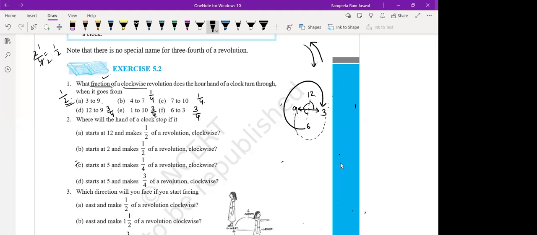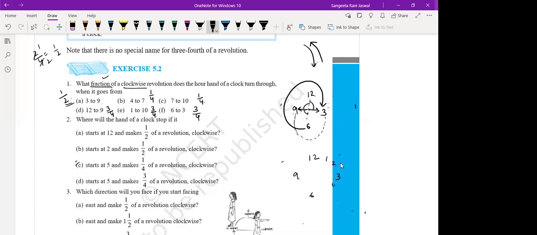Okay, next question. Where will the hand of a clock stop? You have to tell me where the hand of the clock will stop if it starts at 12 and makes half of a revolution in clockwise direction. Now just keep the clock in your mind like this.